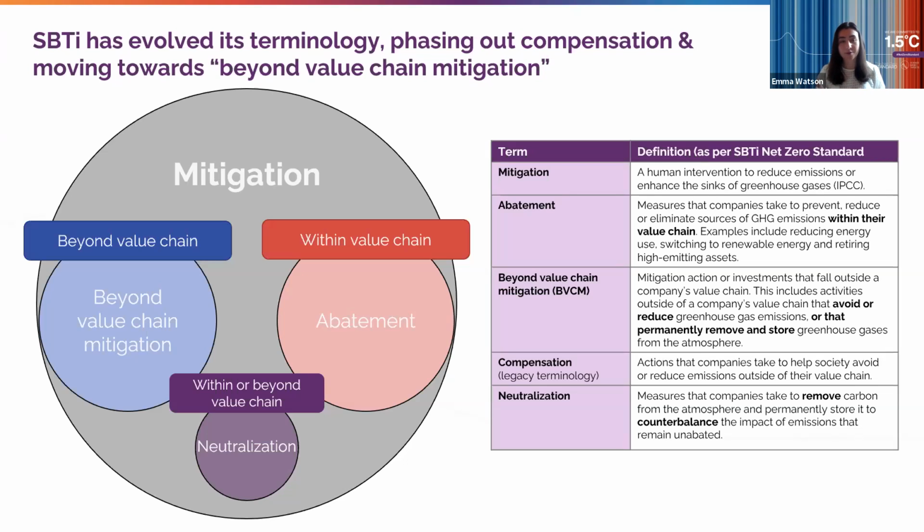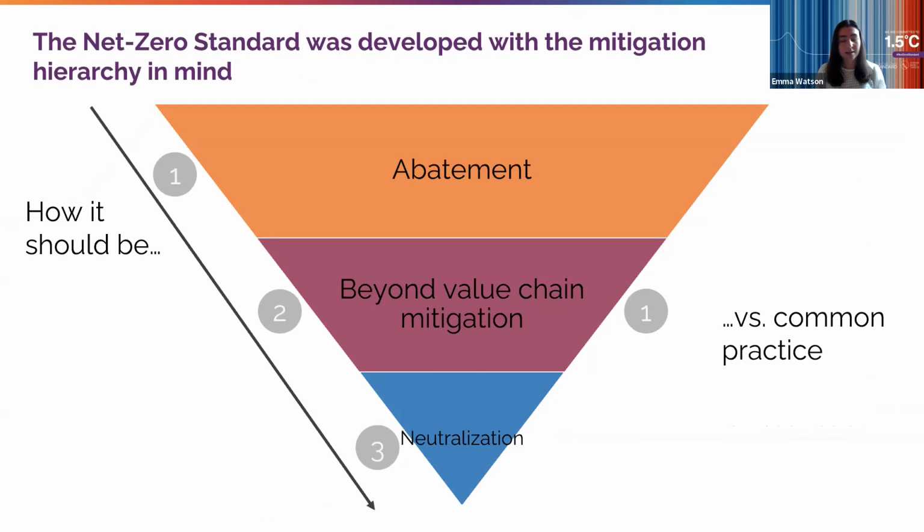The counterbalancing part of that definition is quite important. Neutralization can happen within or beyond the value chain. It depends on how that's happening as to where, but there is that flexibility. Great. So that's a description of the terms that we use.